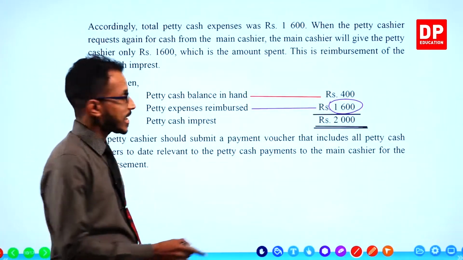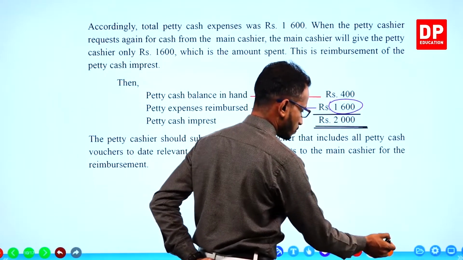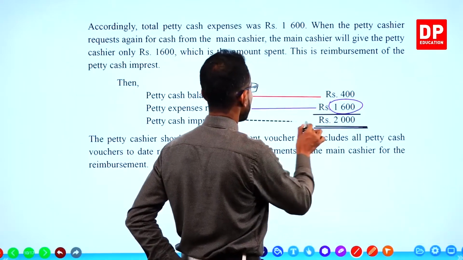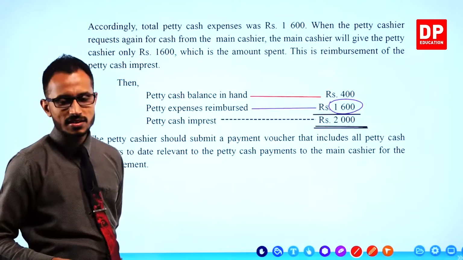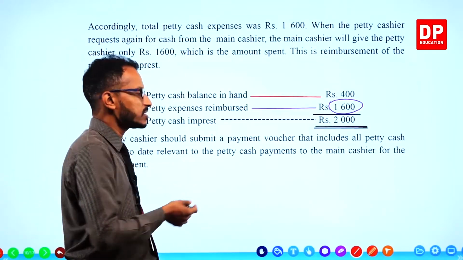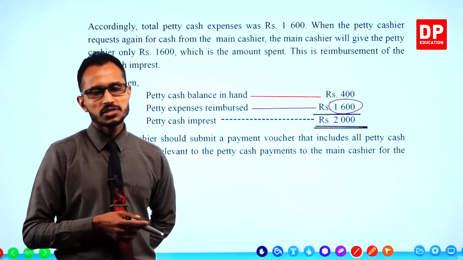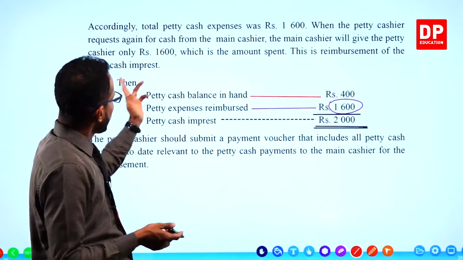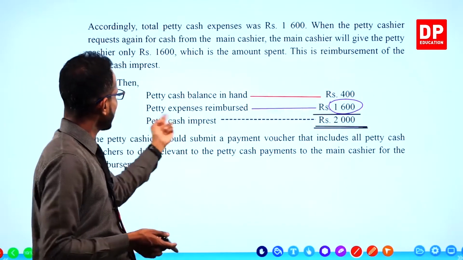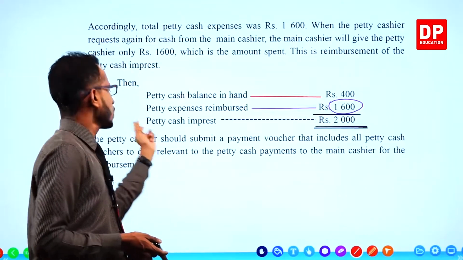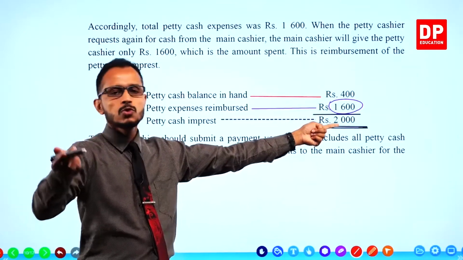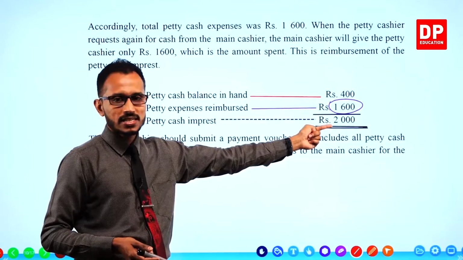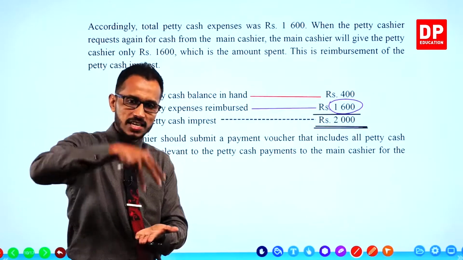This is the original imprest amount. Okay, is this so hard to understand? Tell me. No, simple, very simple theory, very simple calculation. So, petty cash balance, petty cash reimbursement, to start the next month, imprest reimbursed or refilled.